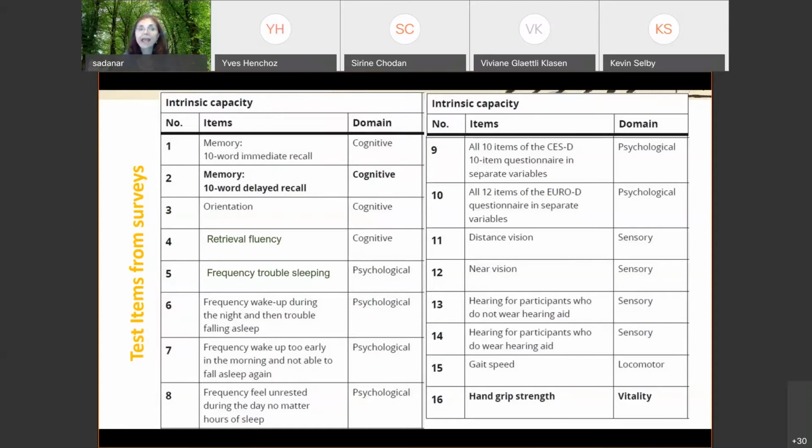And for intrinsic capacity, we have focused on those which have been performance tests, some type of test. And I'm just showing examples which we have documented in this baseline report, which I'll talk about in a moment, so you can see all of these details.